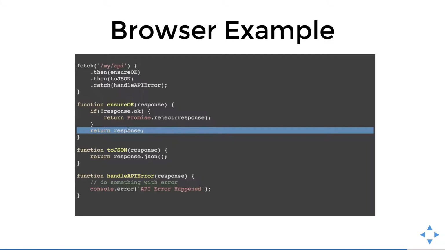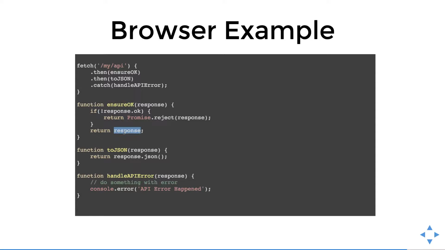You can think of it like a stream in a sense. Each then returns a new promise, which you can then offload, so that the resolution of that new promise will be what that then returns. Anyway, if you notice here, we're just returning a response.